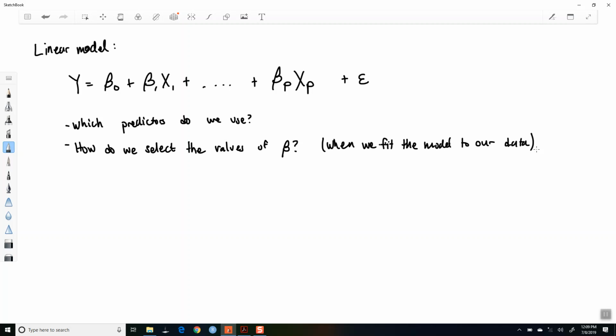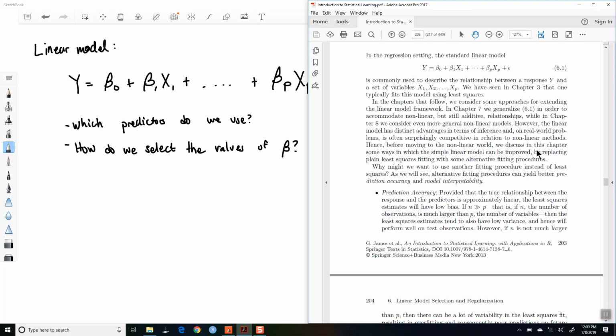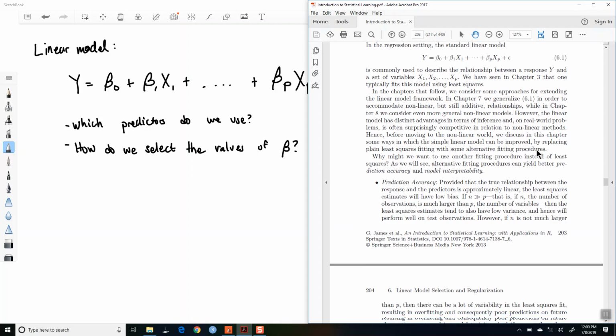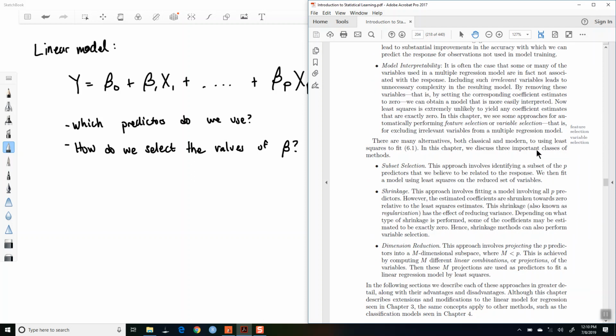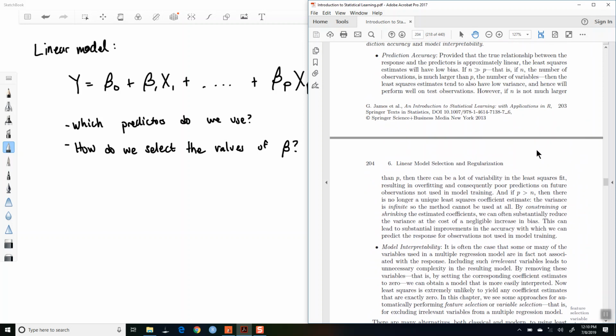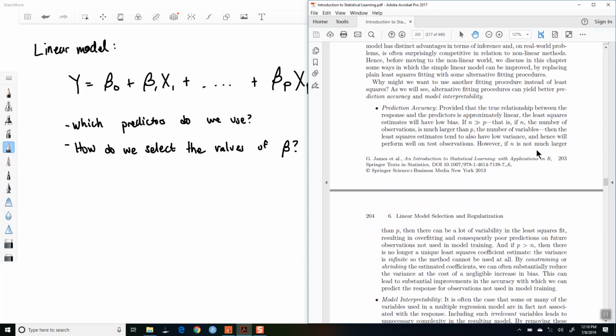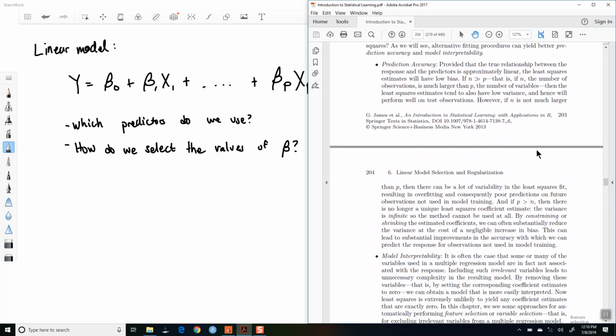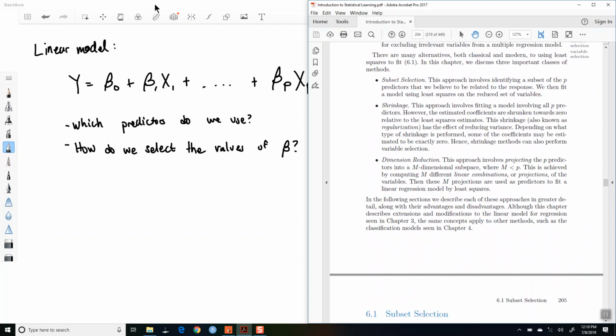Do I say the intercept is this much and the slope is this much? How do I choose the best intercept and the best slope? For linear regression, for ordinary least squares, we use the least squares criterion. But maybe we don't want to use least squares.